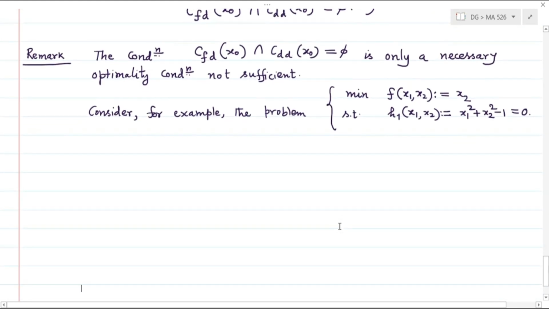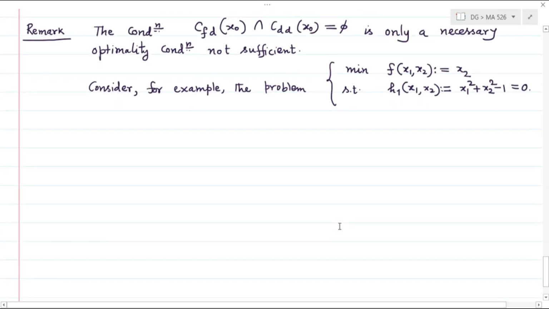And for this problem we will show that CFD x naught intersection CDD x naught is equal to phi at the point 0, 1. Then you note what your CFD and what your CDD are. The circle that constitutes the feasible region is this circle, and if I take this point, this is my point x naught.